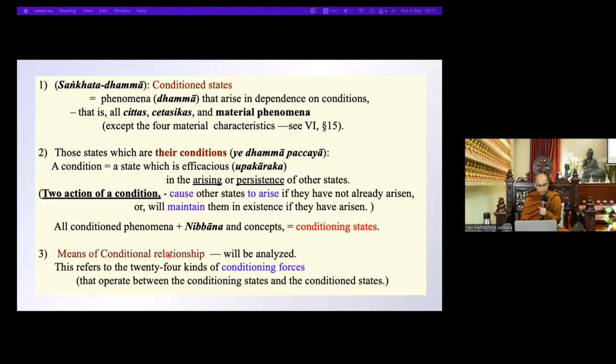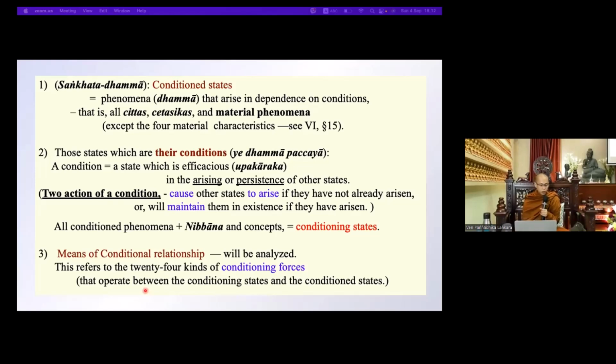Then the conditional forces are 24. We will study them in detail when we focus on the second method, Patthananaya. These are the links that operate the conditioning between the condition and the conditional state.